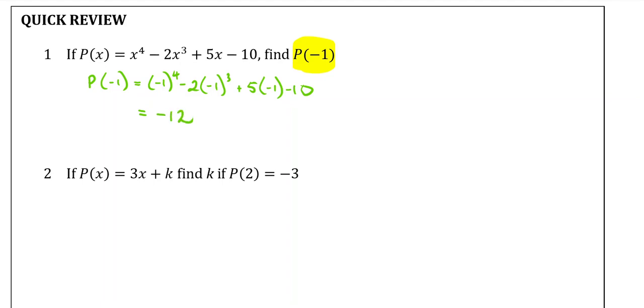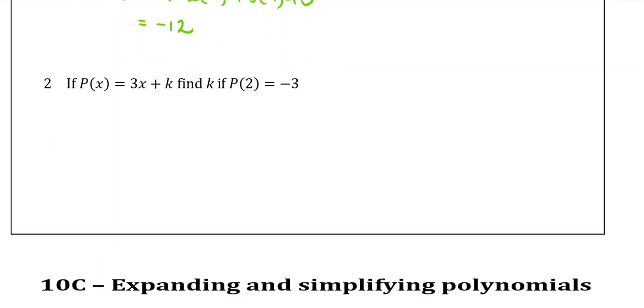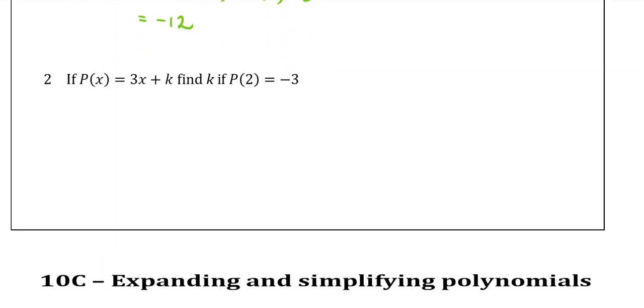This process can also be used to help us find missing values in our equation. So in question 2, we're told that p of 2 is equal to -3, and we're going to use that to find this missing value k. So the x value is going to be 2, and the polynomial is going to be equal to -3.